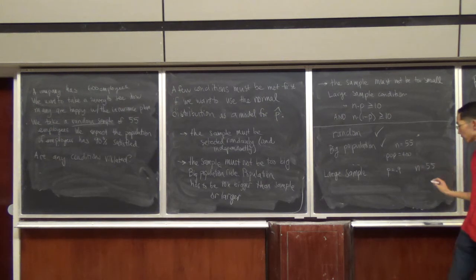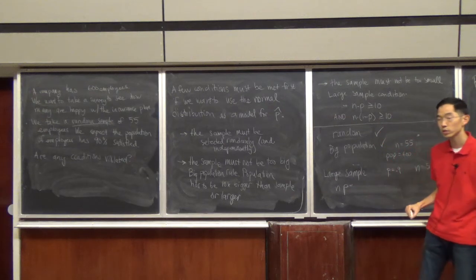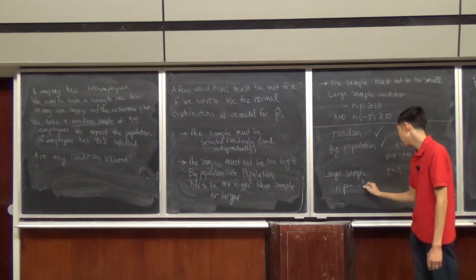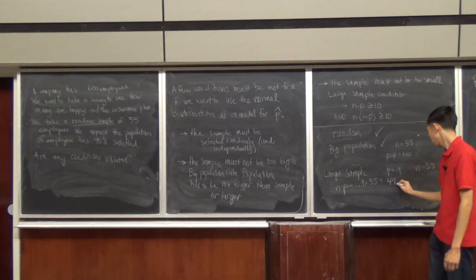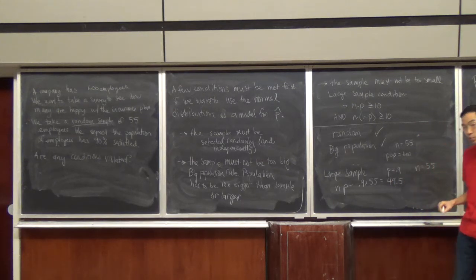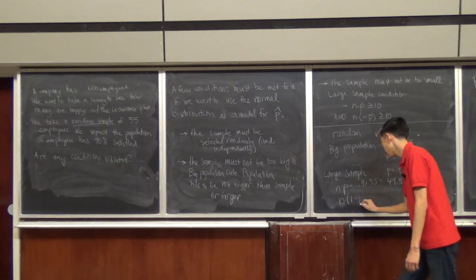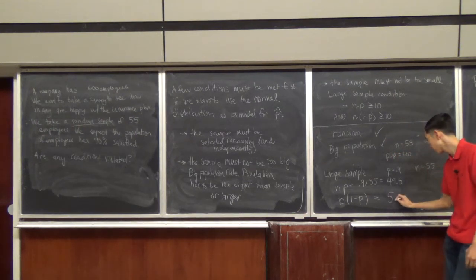Okay, so we have to check n times p. What's n times p? 49.5, right? 0.9 times 55. Okay, and we also have to check n times 1 minus p. What's n times 1 minus p? 5.5.